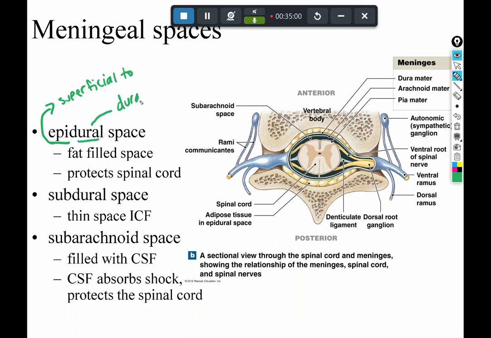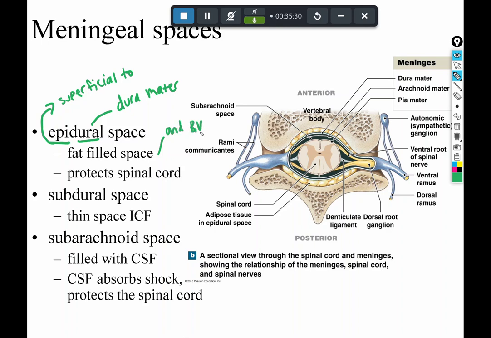So this means outside of the dura mater. Now, in the spinal cord, this is possible. In the cranium, this is not. So this is one of the differences between the meningeal arrangement between the spinal cord and the cranium. I'll explain what the cranial situation is later when we get there, but for now, in the spine, it is a fat-filled space, and it also contains blood vessels.